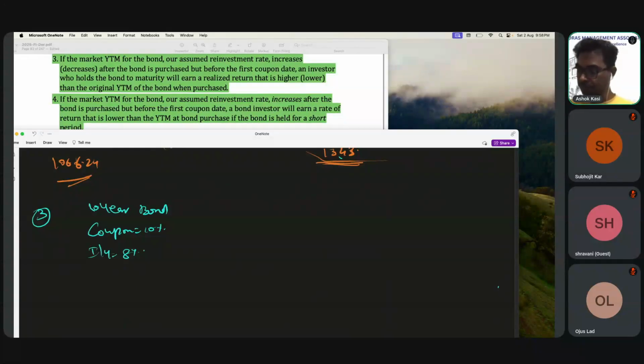Or I'll make it easy, 10%. So future value is 1000. Present value is also 1000. How? Because these two are same. Now, what are they saying? If the interest rate goes up, then your YTM will be more than 10%.